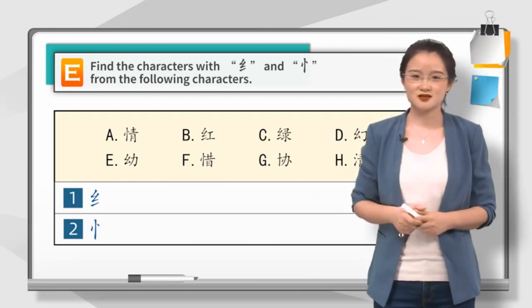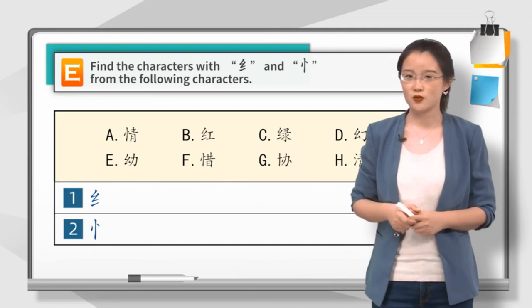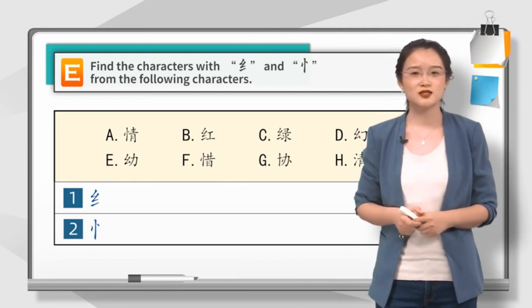Okay, let's do some practice. Please try to find the characters with 绞丝旁 and 竖心旁.